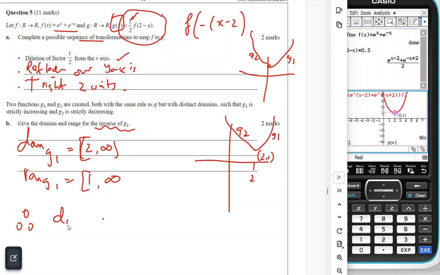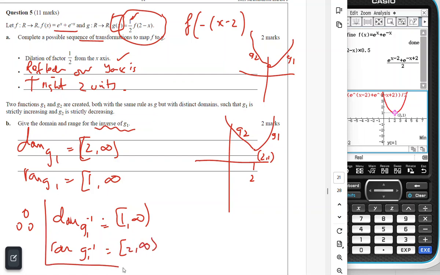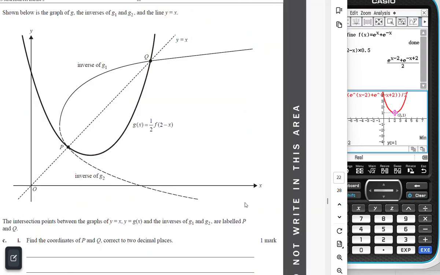Therefore, the domain of g1's inverse will be the range, 1 to infinity, and the range of g1's inverse will be 2 to infinity, and that's the domain and range of the inverses. And lo and behold, I can now see they've drawn the inverse of g2 from here. And that's g1.